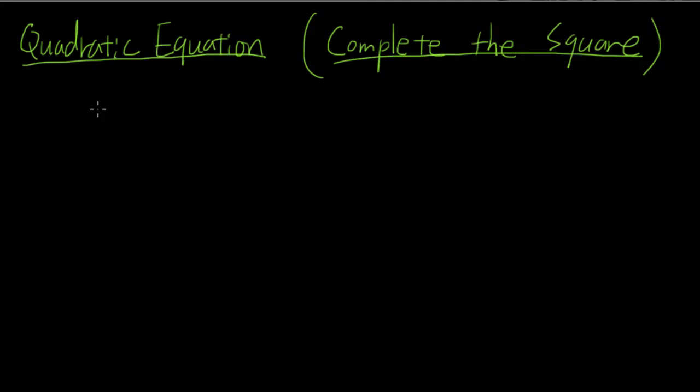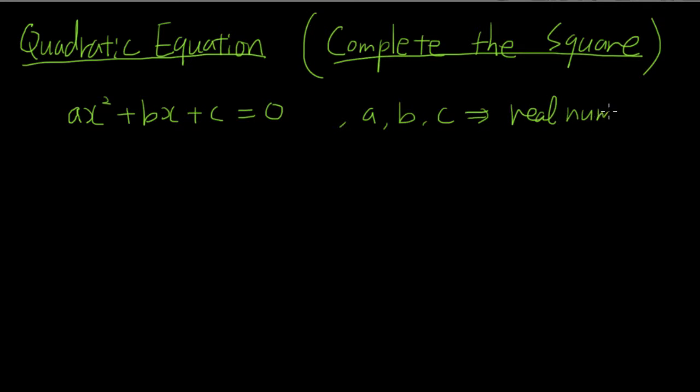So what was a quadratic equation? Well, a quadratic equation is an equation that looks like this, right? ax squared plus bx plus c equals 0 form. And a, b, c are real numbers, and we have a condition that a cannot be equal to 0, right?